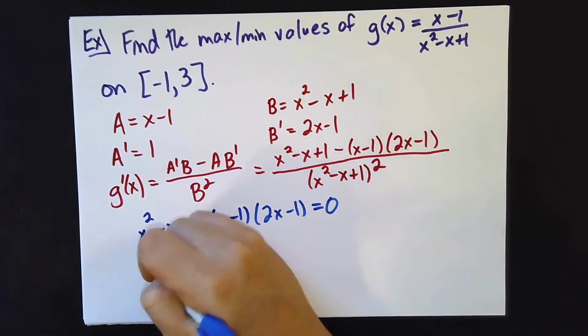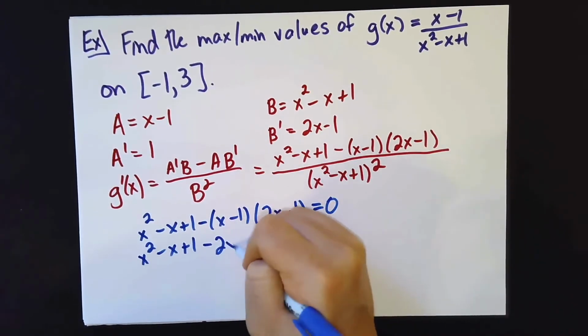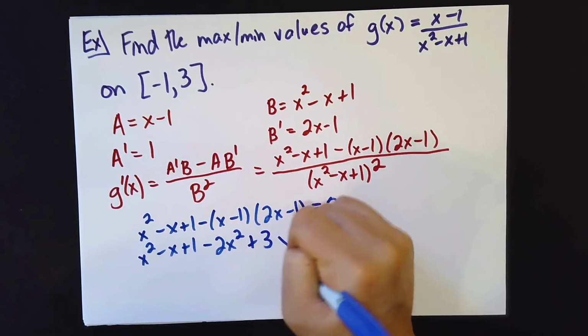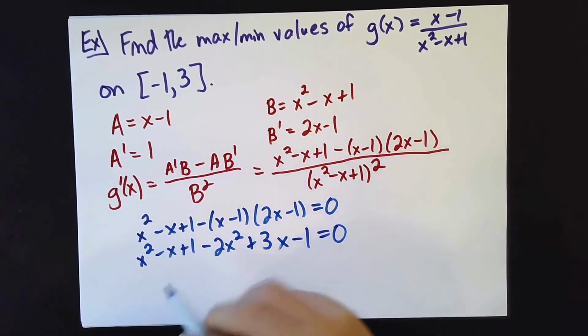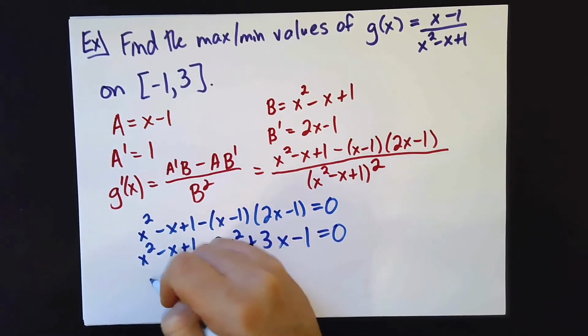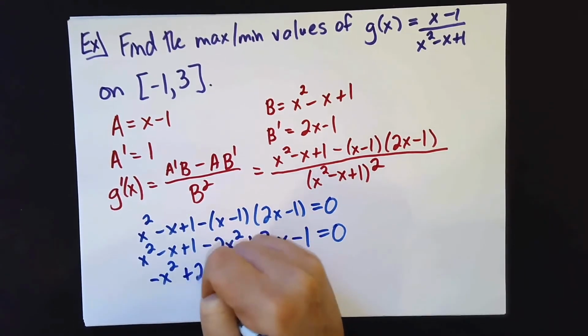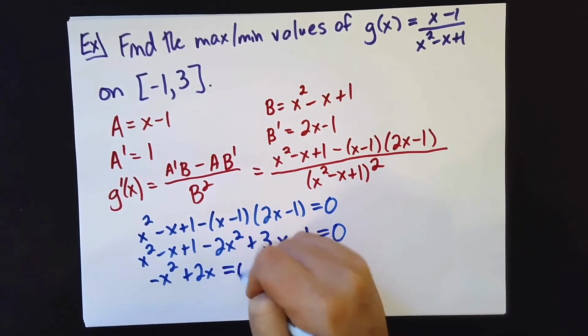So this is going to be x squared minus x plus 1 minus 2x squared plus 3x minus 1. And so that is going to give me minus x squared plus 2x is equal to 0.